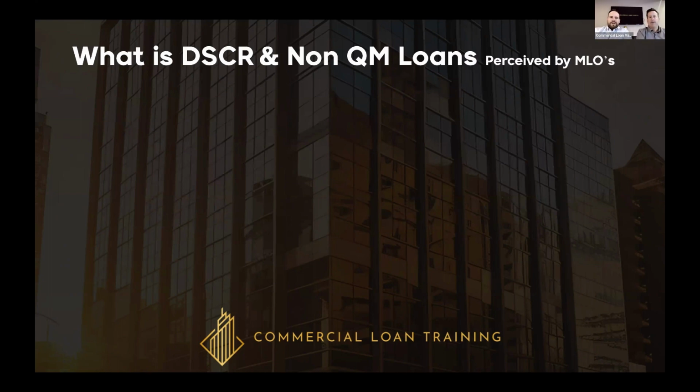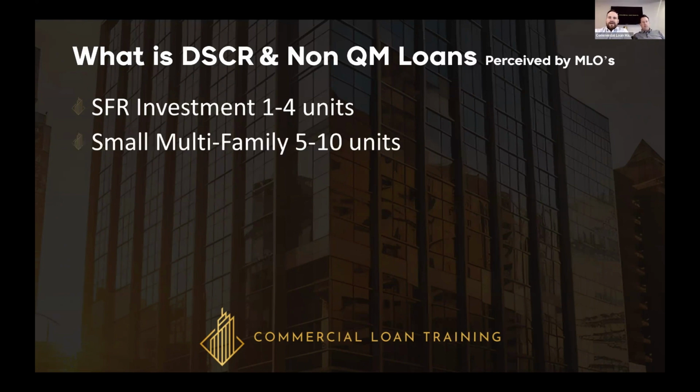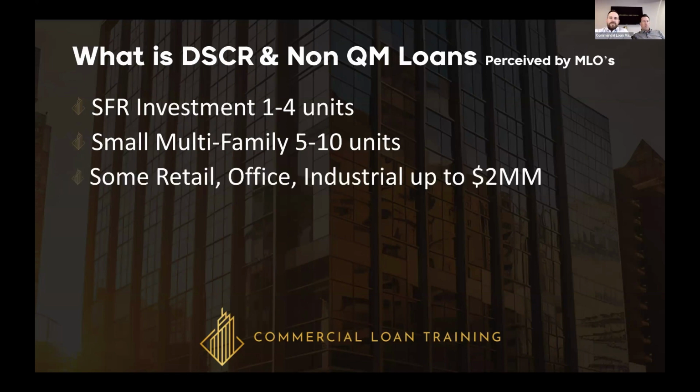Okay, so what are DSCR and non-QM loans as perceived by MLOs? They're typically single-family investment properties, 1 to 4 units. They're also small multifamily apartment complexes, 5 to 10 units, and they're typically limited on the number of units in the apartment complex. They will traditionally do some retail, some office, some industrial.